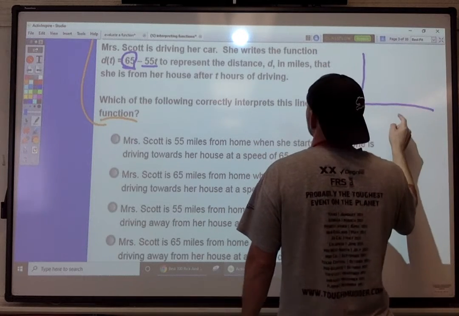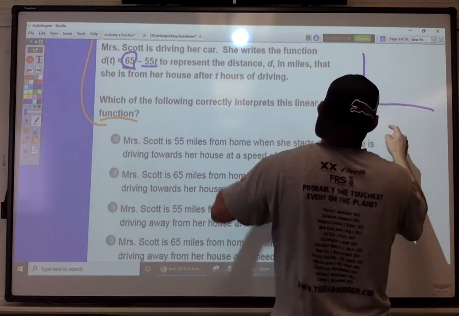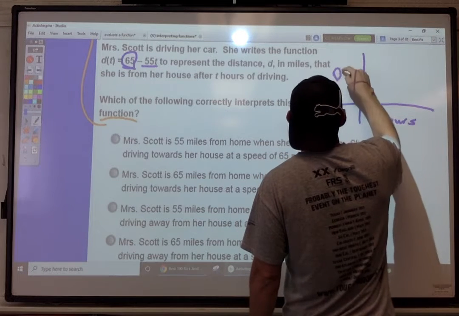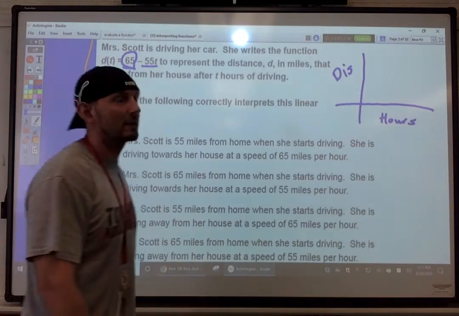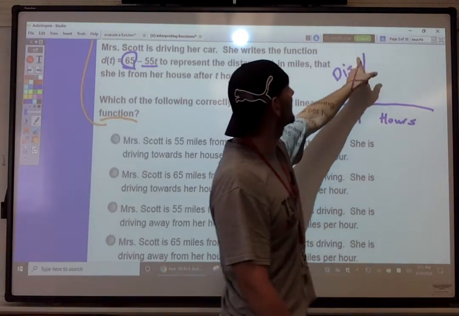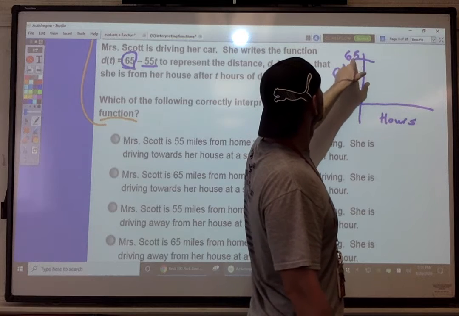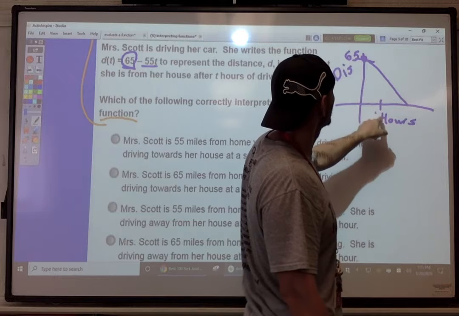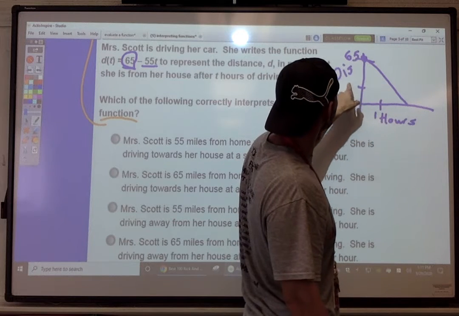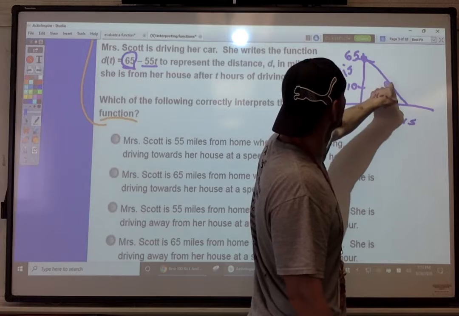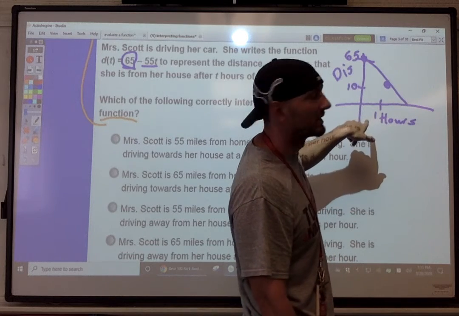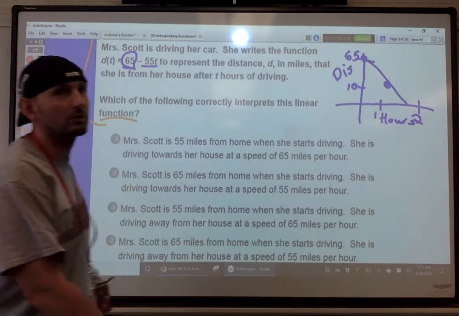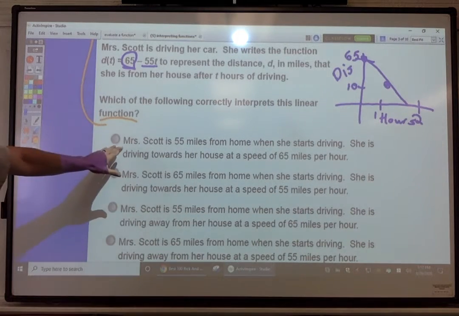Hours determines the distance from the house. We start up here at 65, and every hour this should be going down. So after 1 hour, we should be at 10 away, and somewhere between 1 and 2 hours, we should get home.